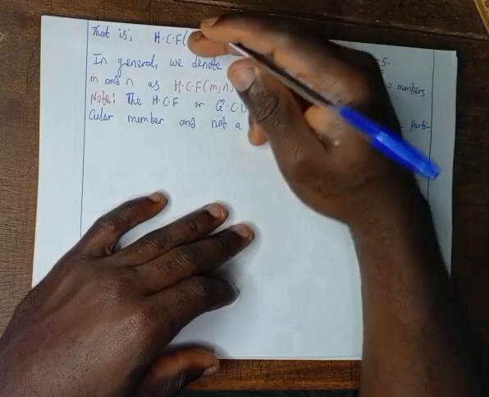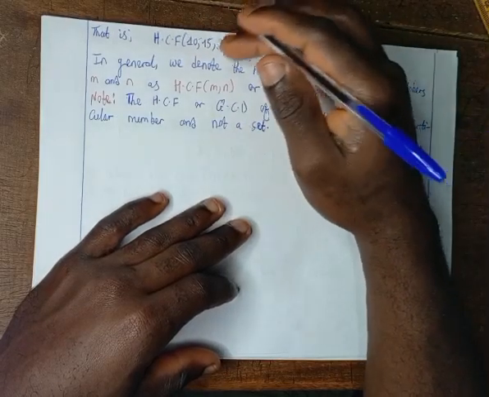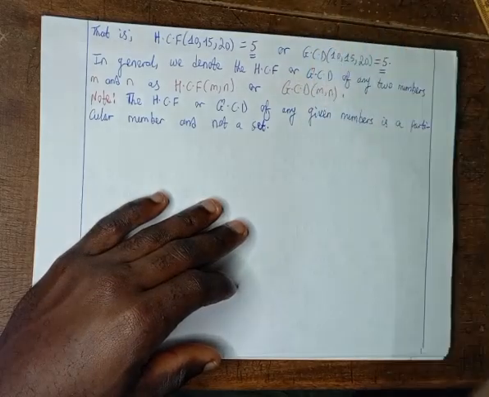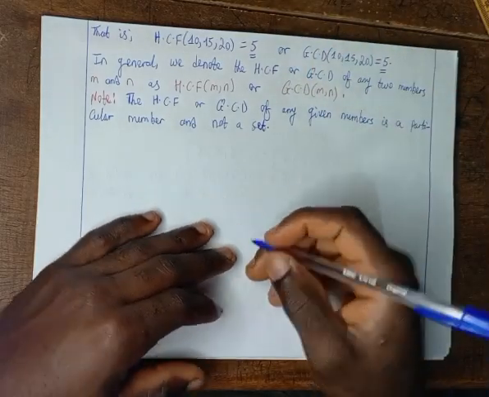You can see, for example, here the highest common factor of 10, 15, 20 is a particular number, which is 5. It is not a set. You take note of that.